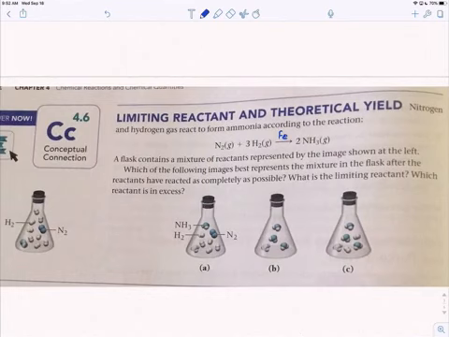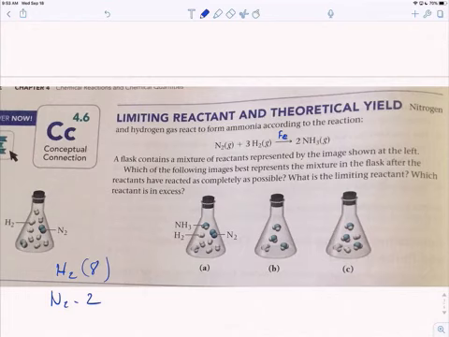Let's count the hydrogens. 1, 2, 3, 4, 5, 6, 7, 8. We have 8 H2s, and for N2s, we have 2. That means we have a 1-to-3 ratio from this equation. Look at the ratio between nitrogen and hydrogen: a 1-to-3 ratio.